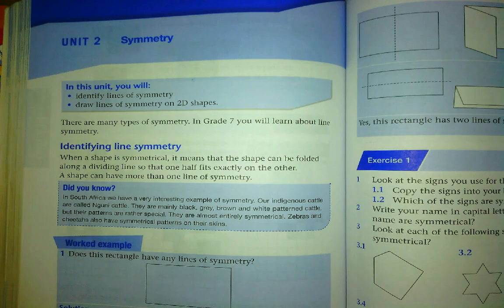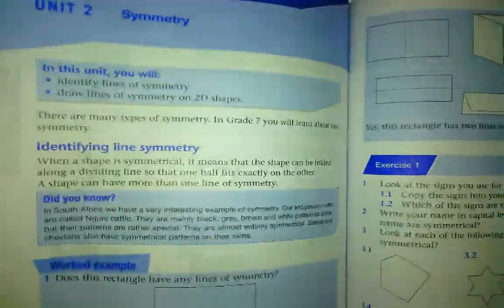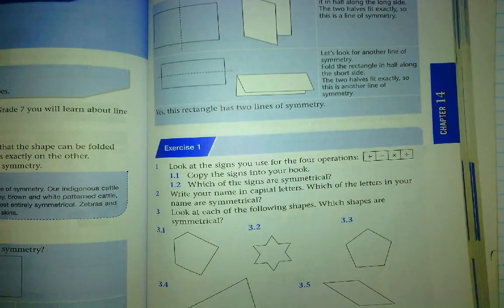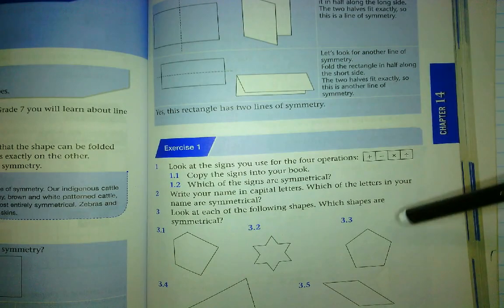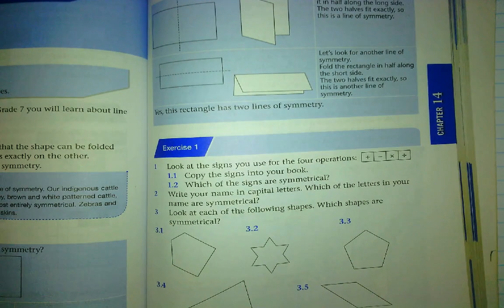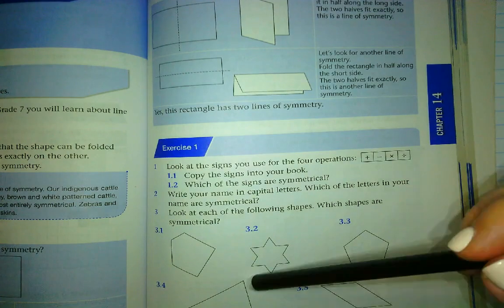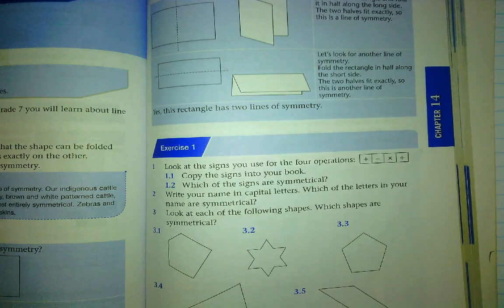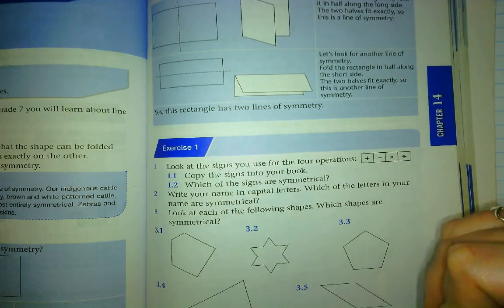Okay, so what's going to happen now is you're going to get these shapes, and you need to see where is the line of symmetry. Okay, and if they are symmetrical, because some of them aren't. So like this one, if I have to cut it down the middle, will it be symmetrical? No. This way?